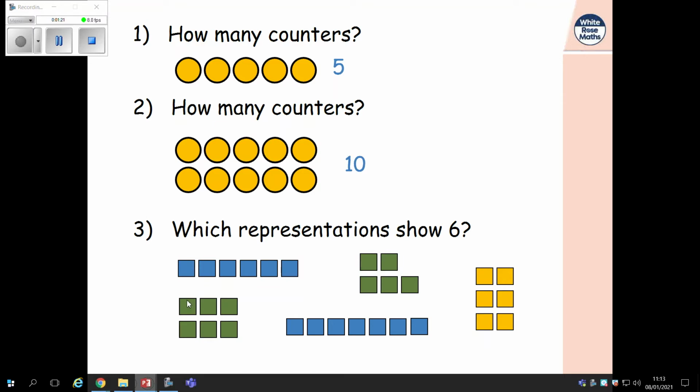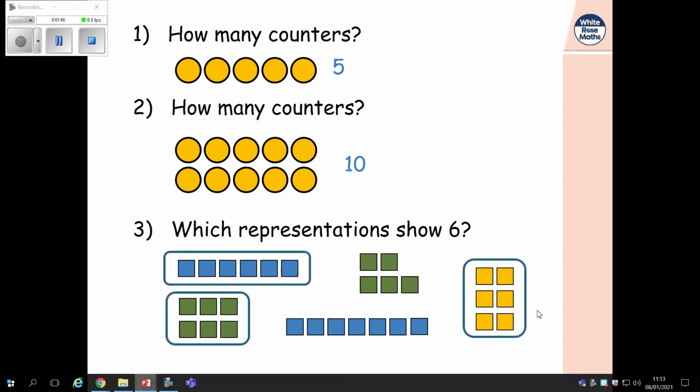Now moving on to these, I'm going to count on my 2s. 2, 4, 6. So again, this does represent 6. There is 7 there. So that represents 7, and 1, 2, 3, 4, 5, this does not. Again, 2, 4, 6, so those yellow do represent 6. So they're the 3 arrays that do show 6.